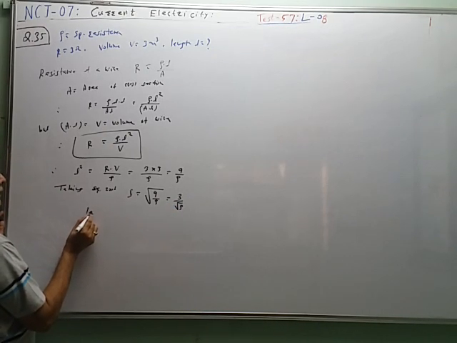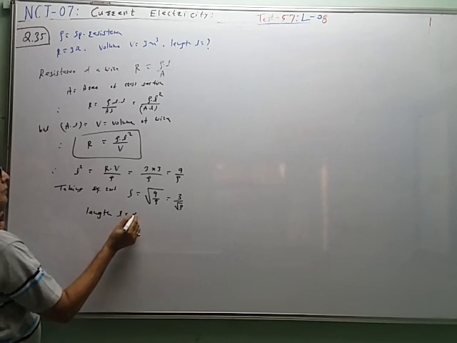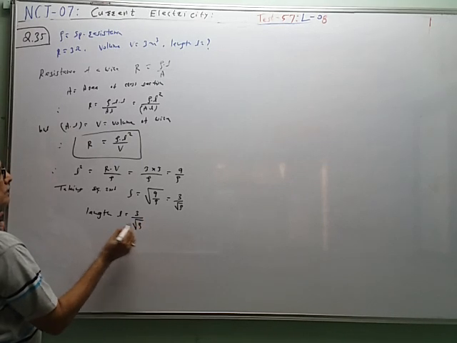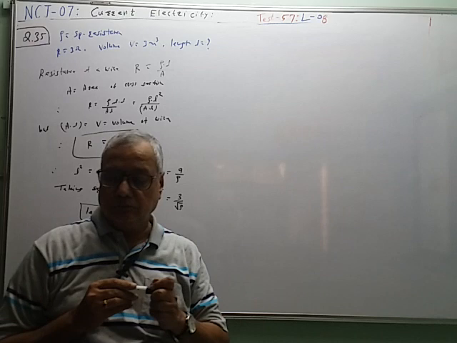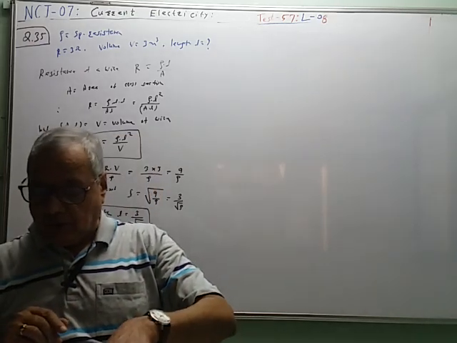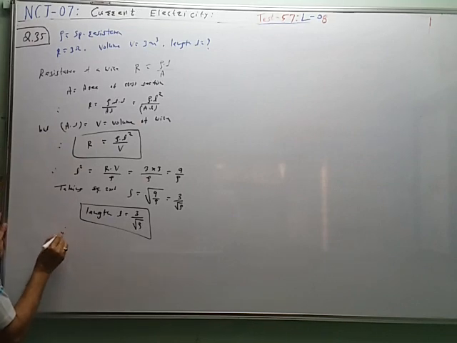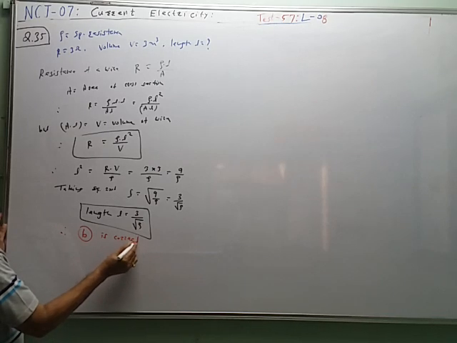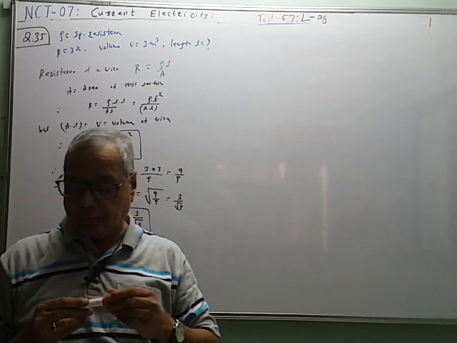So length L is equal to 3 upon square root of specific resistance. So correct choice is B. B is correct.